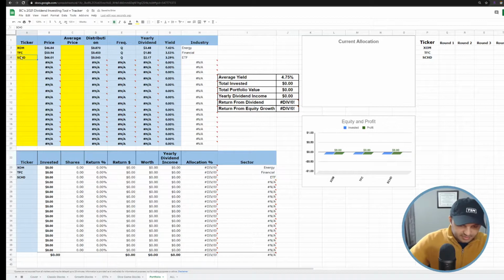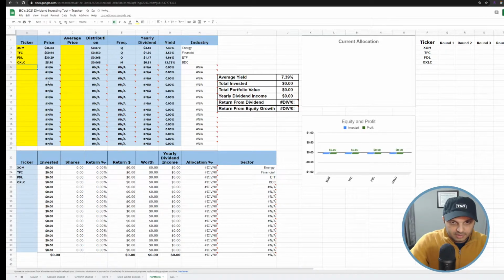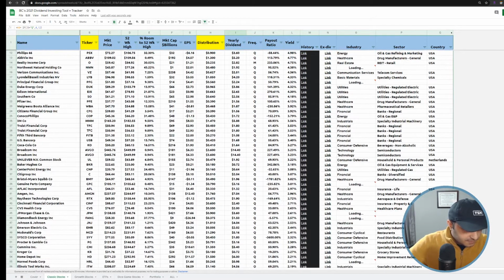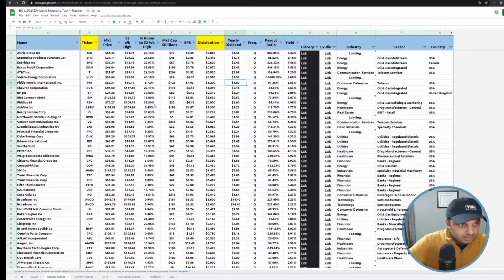Maybe not SCHD, maybe go with FDL. Okay, and then one BDC. Okay, and then let's go with one more. Let's try to keep 2 steady ones, classic ones that are a little higher on yield. Let's go with Philip Morris.